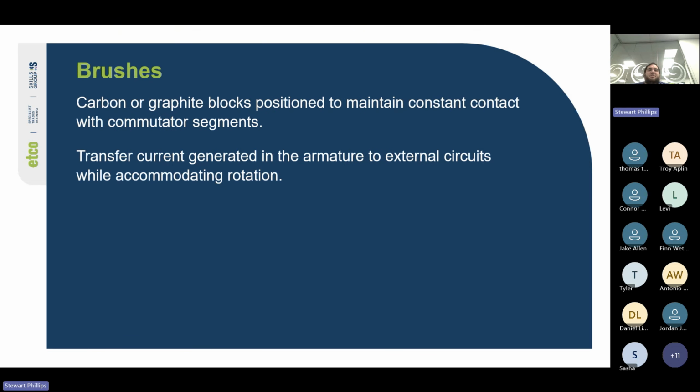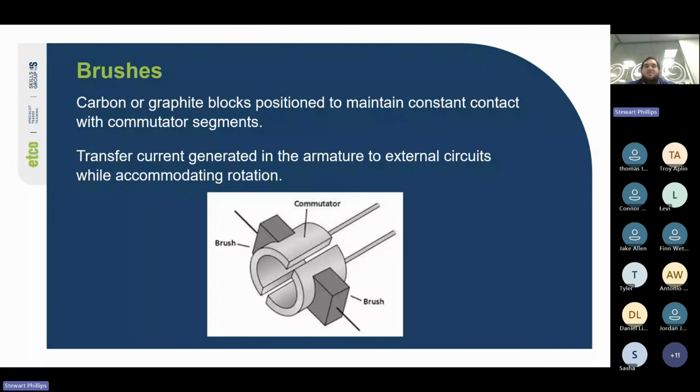Cool. So you've got your brushes. These are normally carbon or graphite blocks positioned to maintain contact with the commutator segments. They transfer current generated in the armature to external circuits while accommodating rotation. So you see the image there. As that rotates, when the coil is in line with the magnetic field, it's no longer being cut, and so it transfers from one segment to the other.